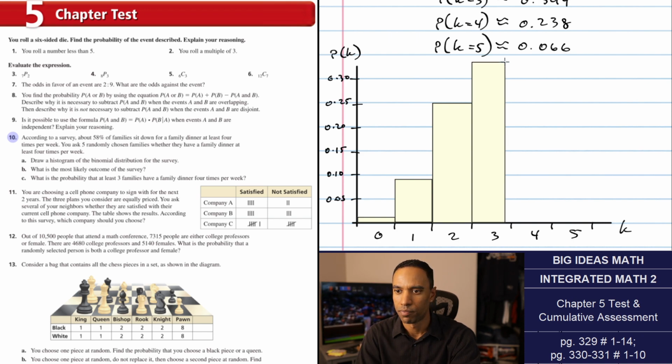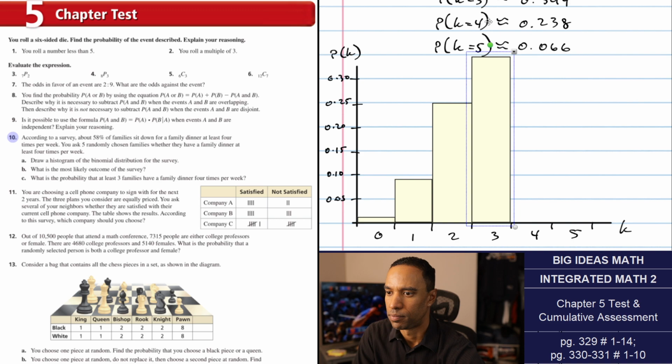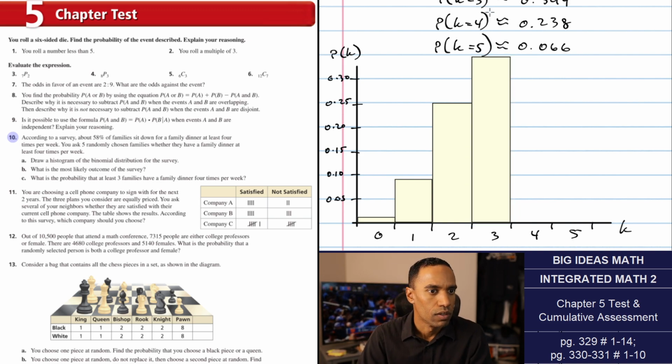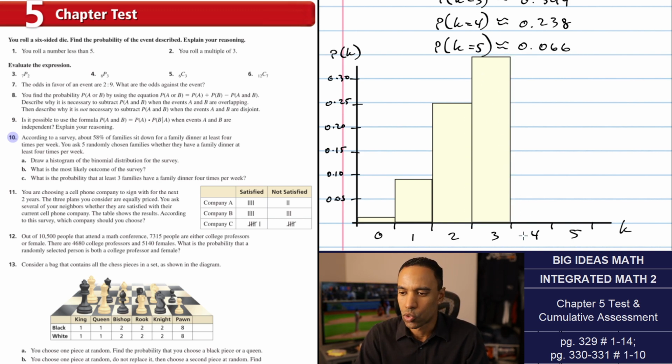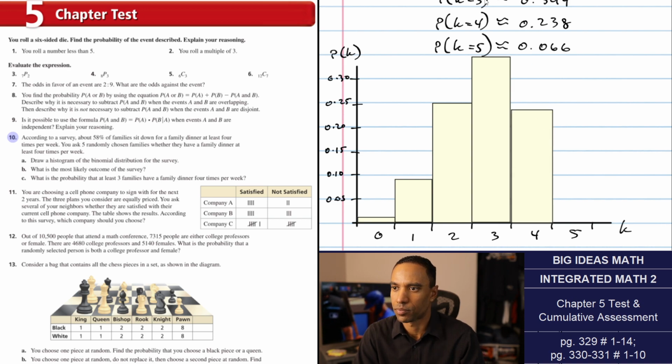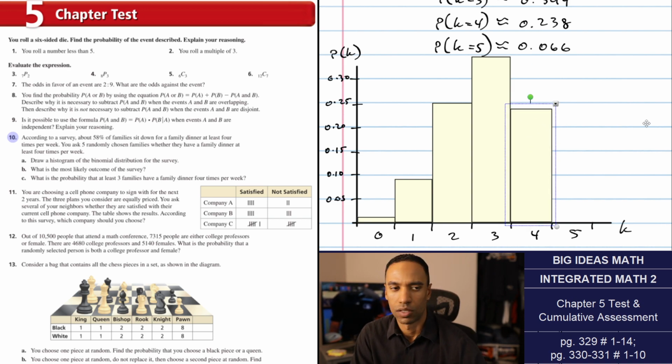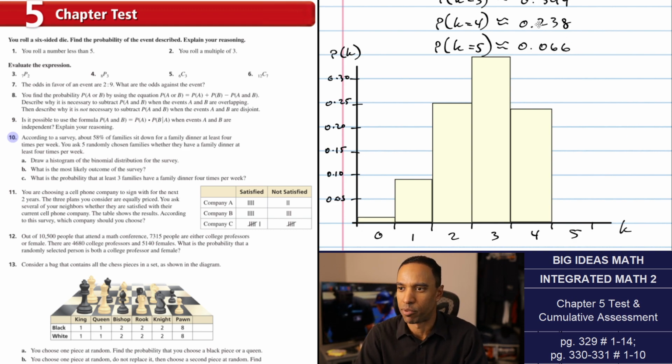That's the highest one, trending toward 35%. And then what do we have next? 0.23, so 23.7%, really close to 25 there. And then the last one we have about 6.5%. Oh, you can see it right here, 6.6%.